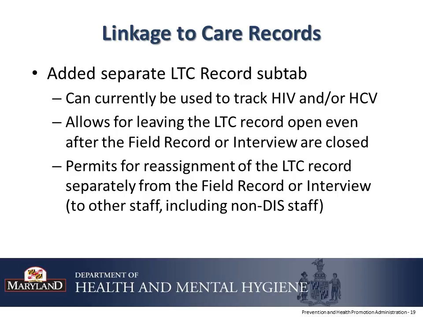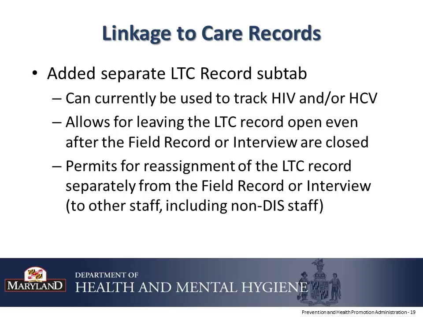Having it as a separate record allows the DIS, or whoever's working the case, to close the field record quickly in our typical 2-week timelines, but leave the linkage to care record open. If they can close the interview but the linkage to care is still open, then that work can be separated, and so the partner services disease intervention timelines are not impacted by the linkage to care, which can take a little bit longer.